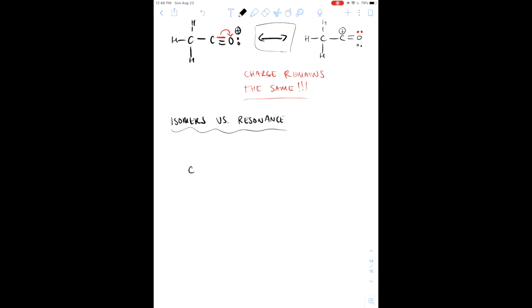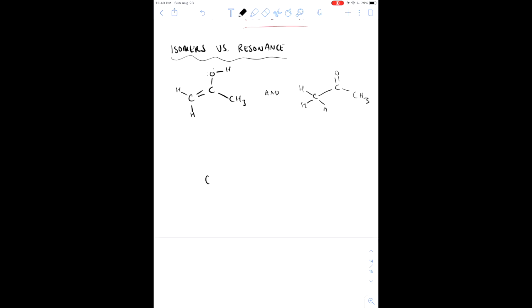Okay, so what we want to do here is compare isomers and resonance structures, because we might get the two mixed up, so it's important to differentiate between the two. Looking at the left structure compared to the right structure, remember isomers have the same molecular formula but a different arrangement of atoms, or different bond connectivity.